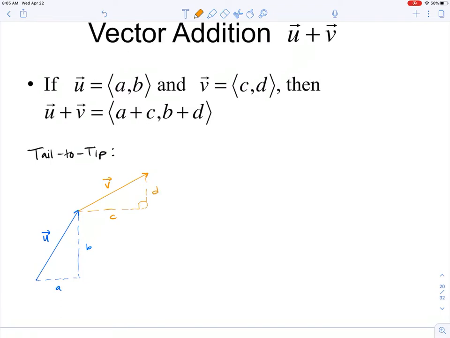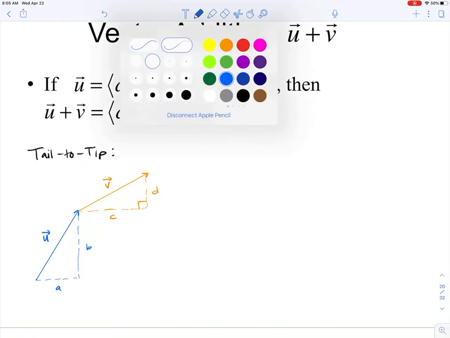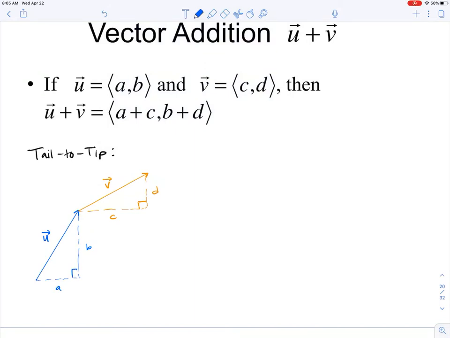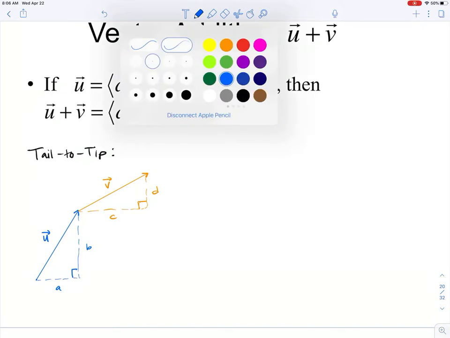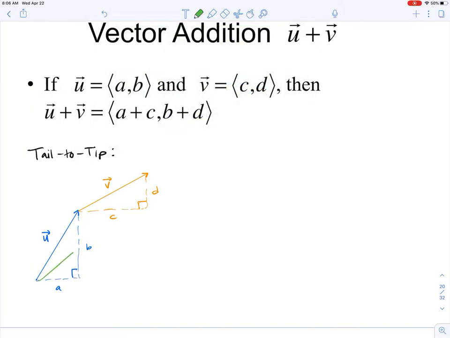Vector v has horizontal component C and vertical component D. We have a right triangle here and a right triangle here. The resultant vector, the vector that is created from adding those two vectors, would be the vector u plus v, and using the tail to tip method, this would be the vector u plus v.